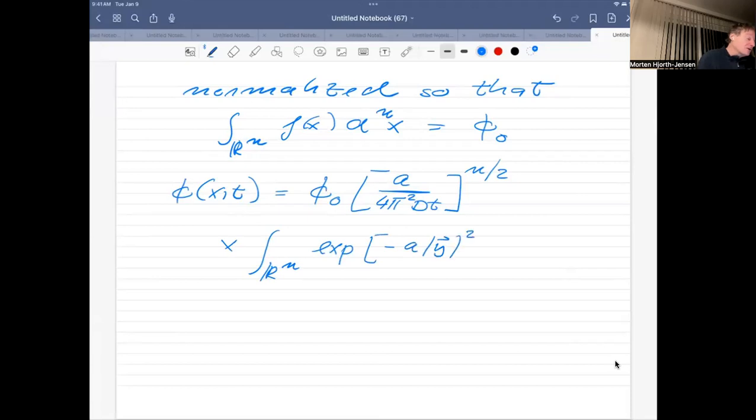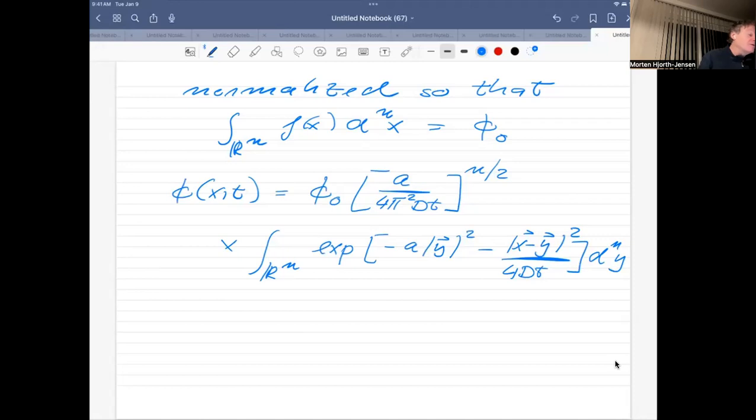So this is my initial distribution. And then it has the quantity x minus y squared divided by 4 dt, multiplied with the dn y factor here. So you can think of this as having an initial state, which then transits to phi x of t in a time t.